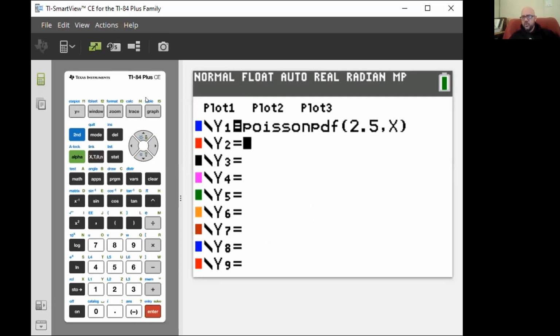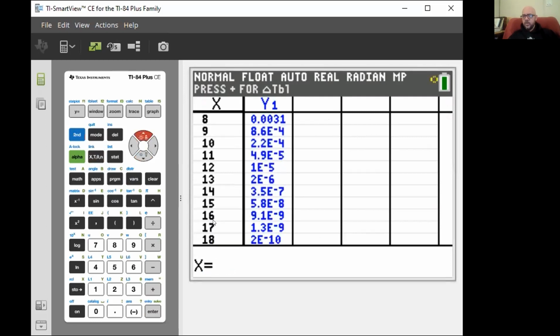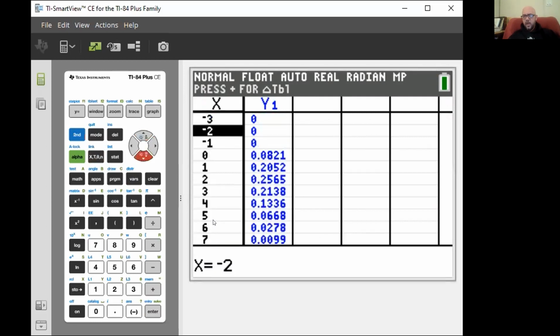And then if I go to make a table, it'll give me all the possible x's. It'll keep going forever. It doesn't list the probabilities for less than 0, of course, because it's not possible to get less than 0 births in an hour. You can do it that way as well to find all the probabilities quickly.